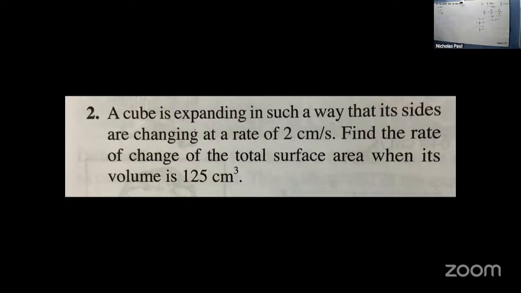Finding rate of change of surface area, so they want you to find dA/dt. You have to write how to get that. And what they gave you there, what is 2 centimeters per second? That's dx/dt. dx/dt is 2 centimeters per second, and the question gave you volume. See how you can put everything together.